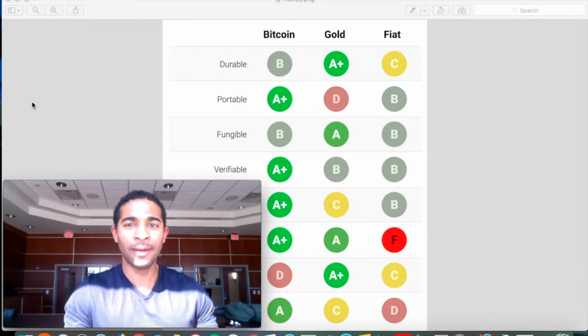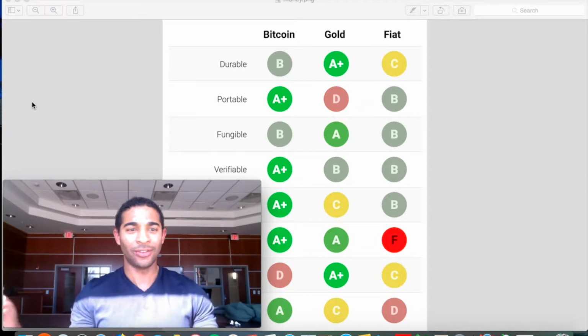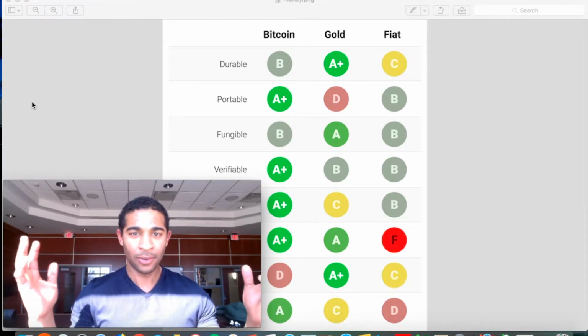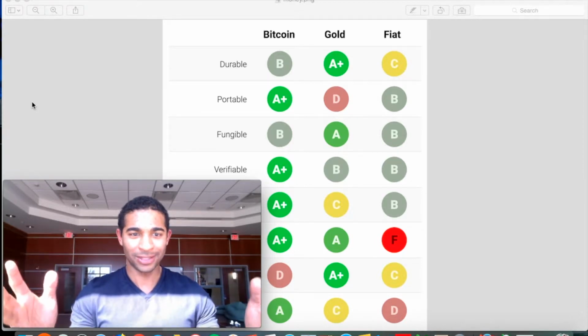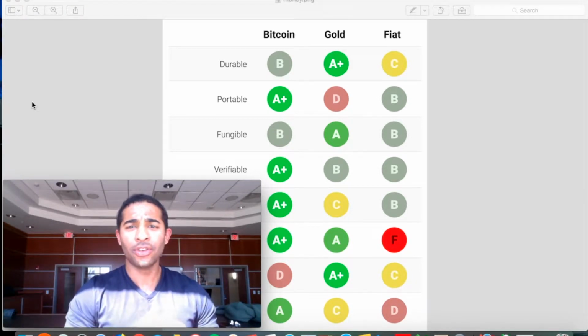So fungibility. Gold wins out here. Gold is the most fungible, particularly if you melt it down. An ounce of gold in the United States is an ounce of gold in China, is an ounce of gold in Russia, is an ounce of gold in India, right? You can always melt it down, and it's very fungible. Dollars are a little less fungible, depending on the institution that's issuing them.